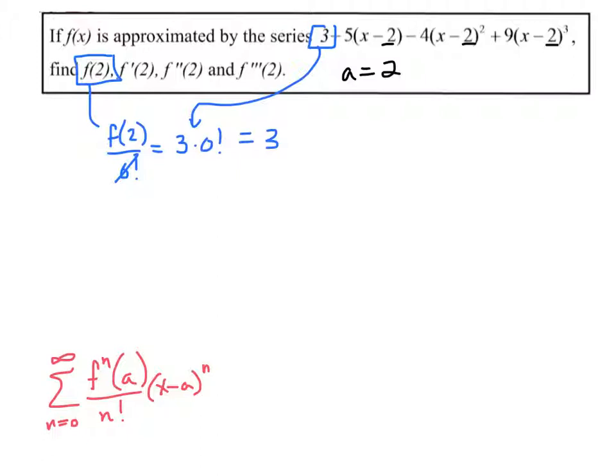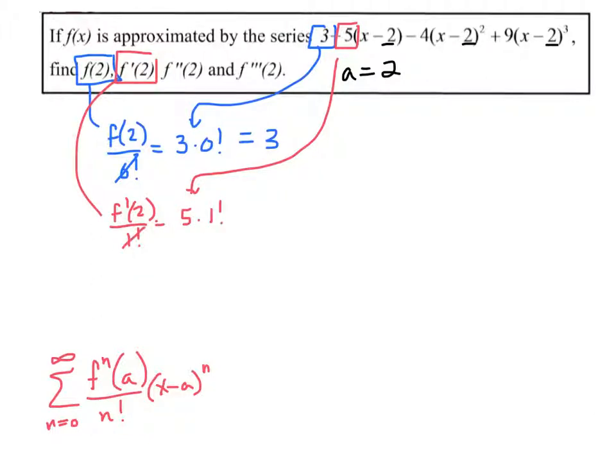Okay. Next, let's go to f prime of 2. The first derivative over 1 factorial goes again with the coefficient of x minus 2 to the first, so that's equal to 5. Multiply both sides by 1 factorial, so this is 5.